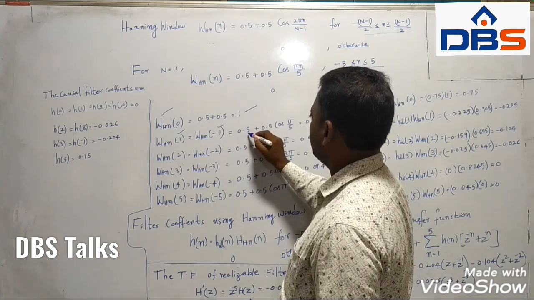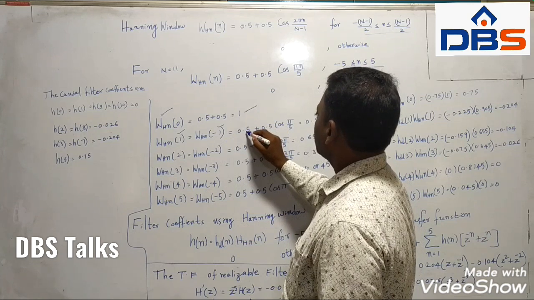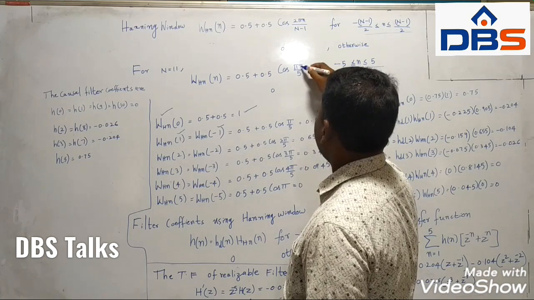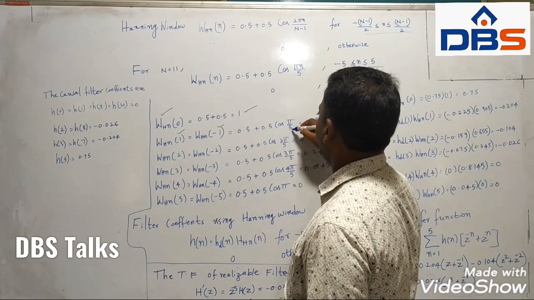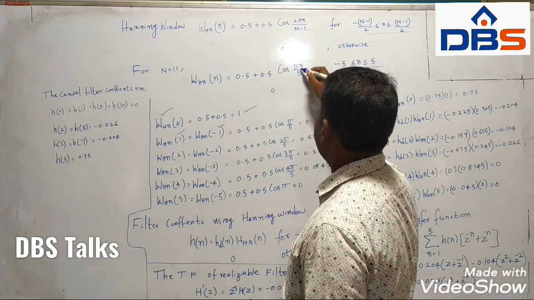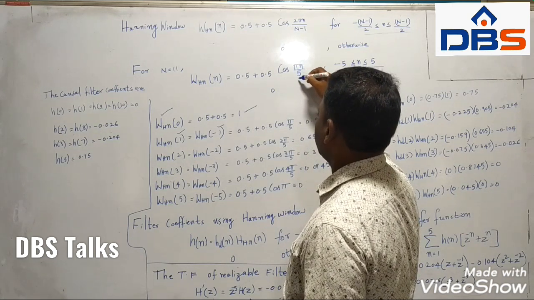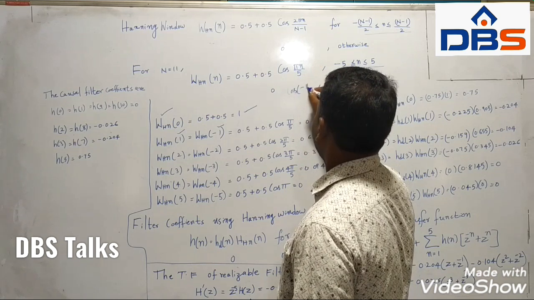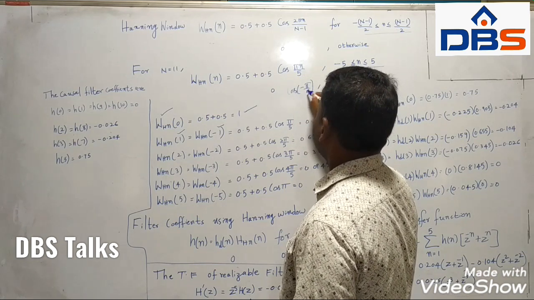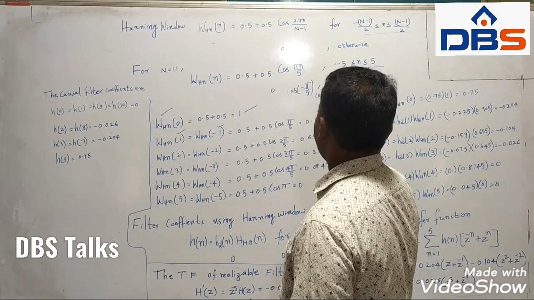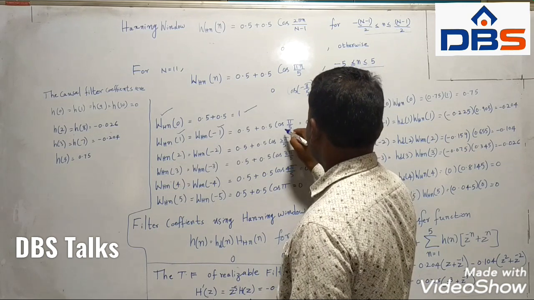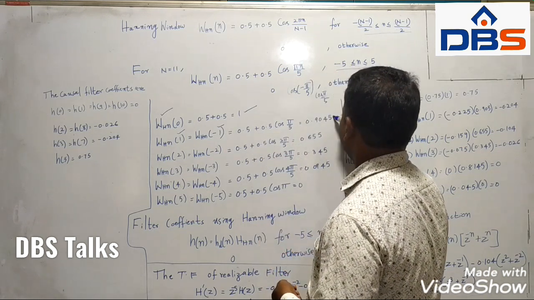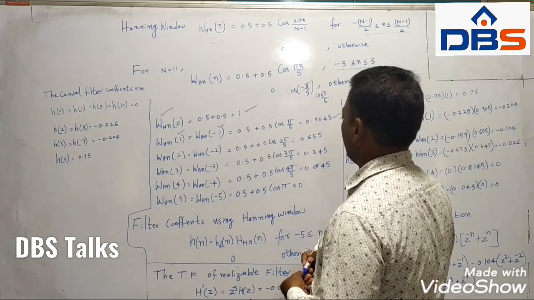If you substitute n equal to 1, you will get 0.5 plus 0.5 cos pi by 5. Even if you take minus 1, cos of minus pi by 5, cos is an even function, so you get cos pi by 5. So 0.5 plus 0.5 cos pi by 5 is 0.9045.